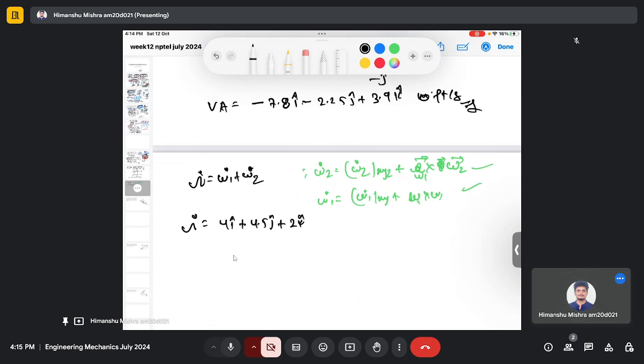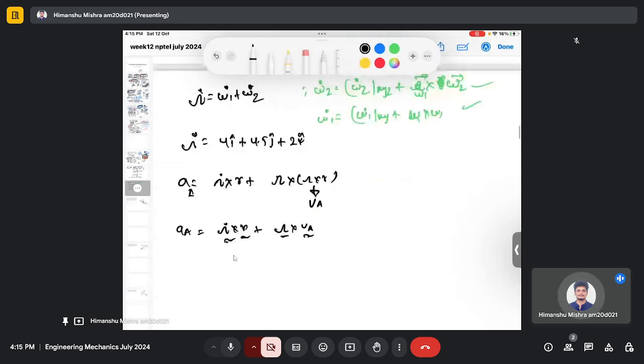So this underscore actually means that I am writing in the vector form.